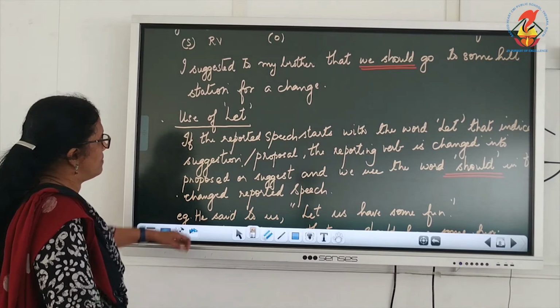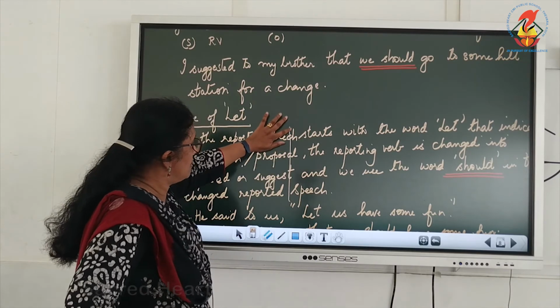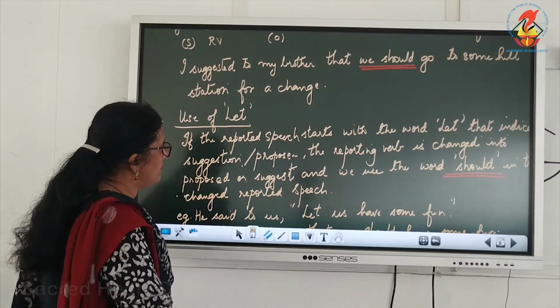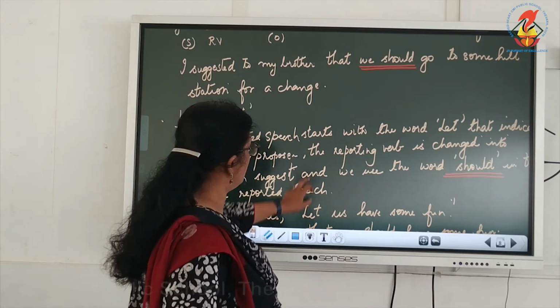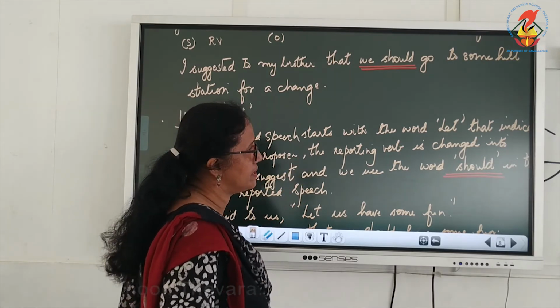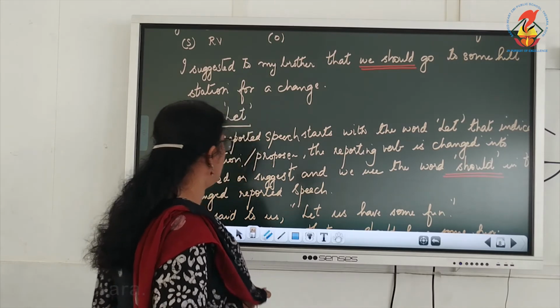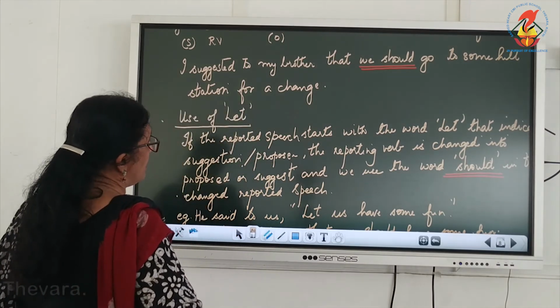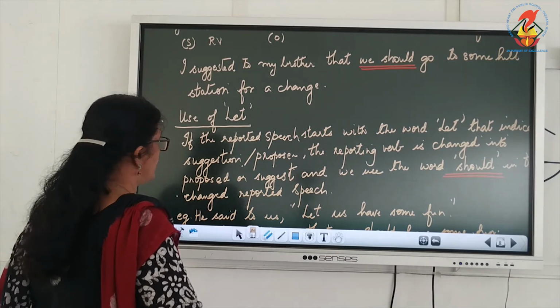So, if your reported speech starts with the word let, then when you convert it, we should have the presence of the word should and then also we are going to come back to start using the conjunction that.